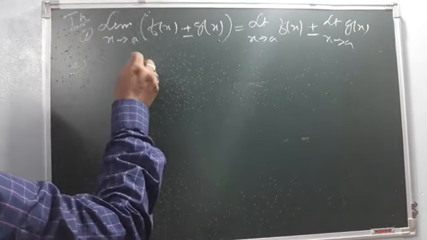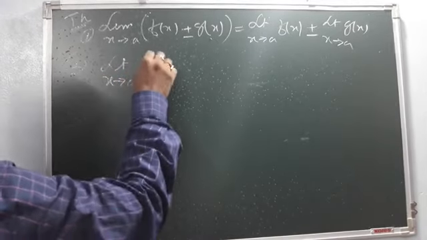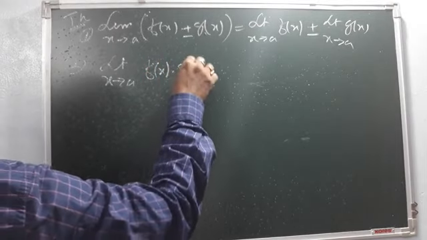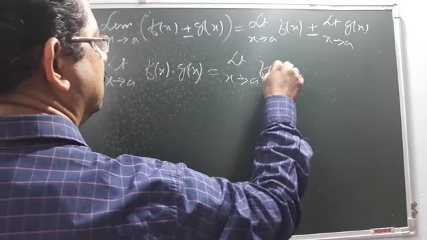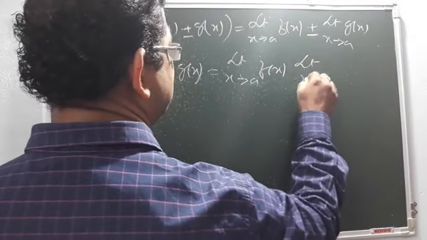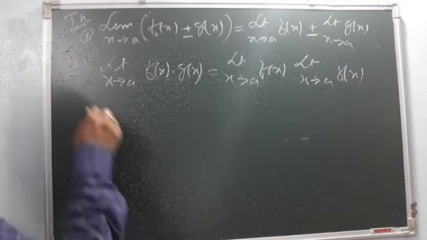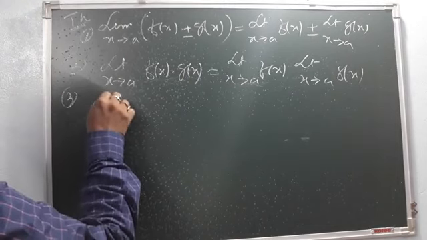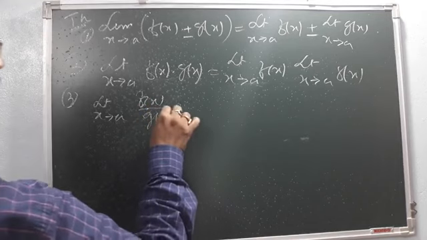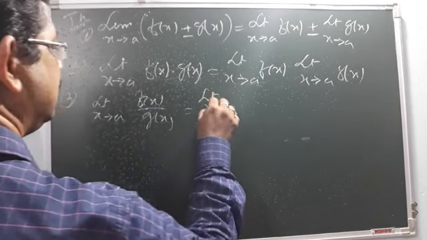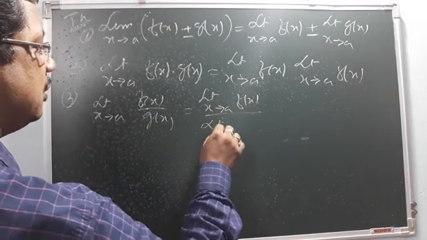If a product is there, that is f(x) into g(x), then we can take the limit to the individual terms, that is limit of f(x) as well as g(x). So that also we have to remember, that if it is a product, no problem, the limit can go to the individual ones. And another thing is f(x) divided by g(x): then also the limit can go to the individual terms, that is limit of f(x) as well as limit of g(x).